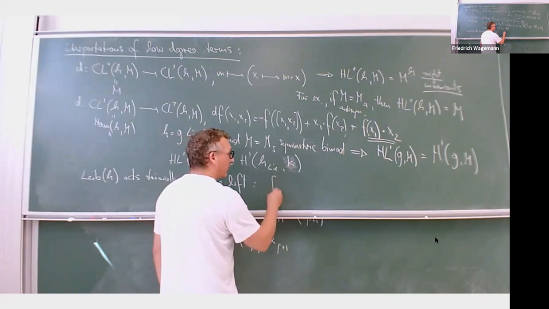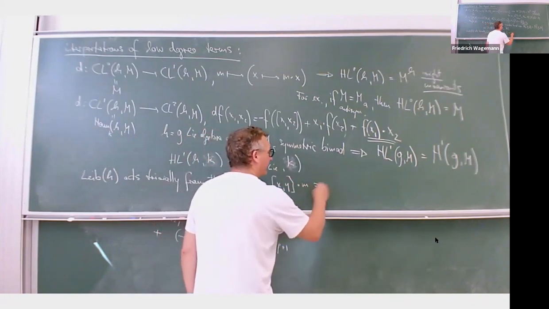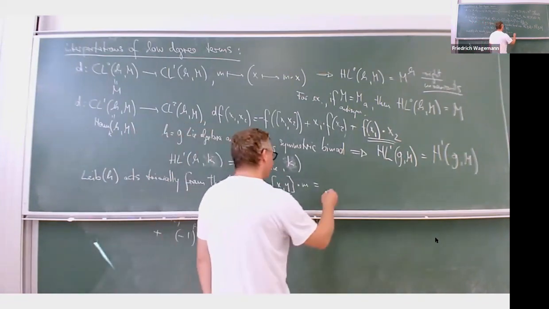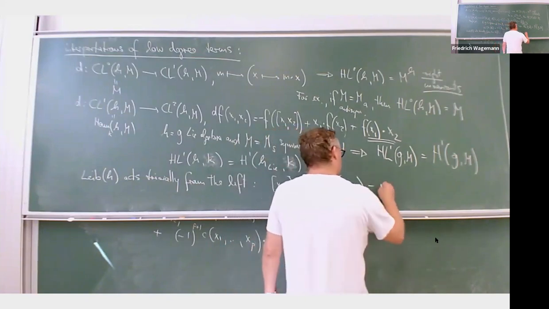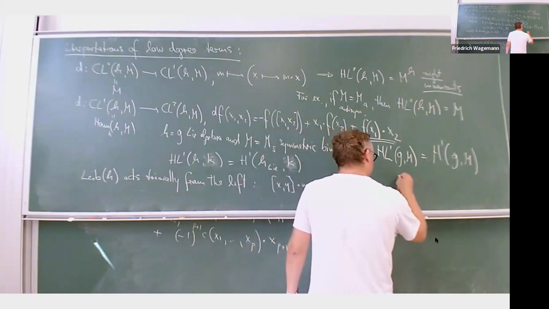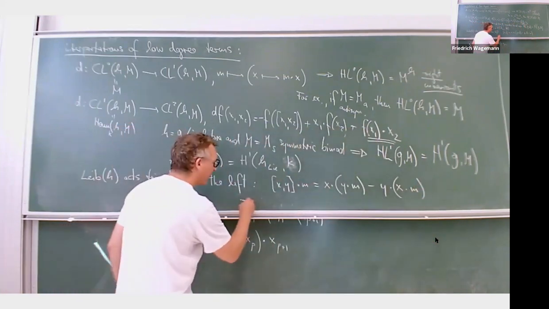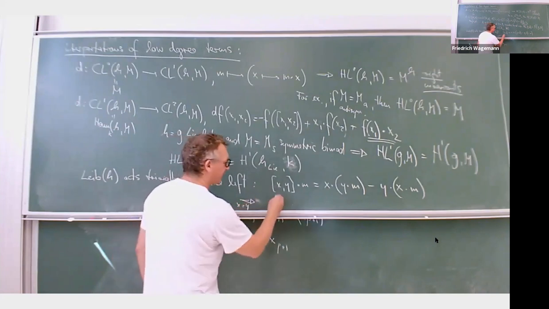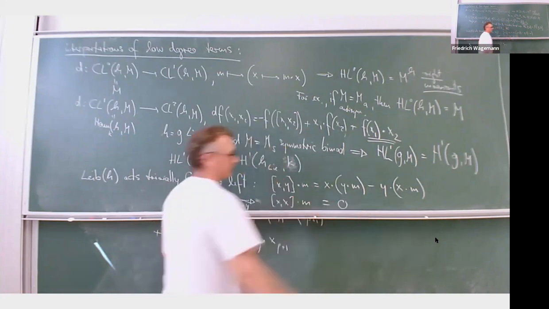This is true because of the identity the left operation has to satisfy. Yeah, this is the identity, and now put x equal to y. And this gives that squares always act as 0.